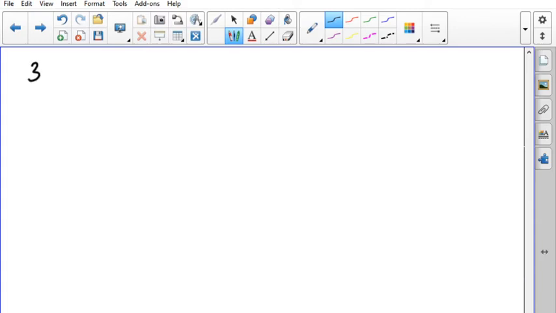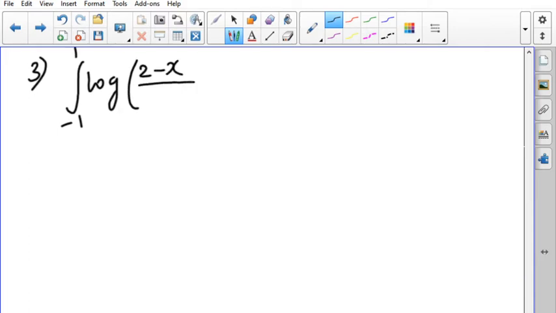Problem number 3. Integral from minus 1 to 1 of log of (2 minus x) divided by (2 plus x) dx. Now here also we need to check whether it is an even function or an odd function.